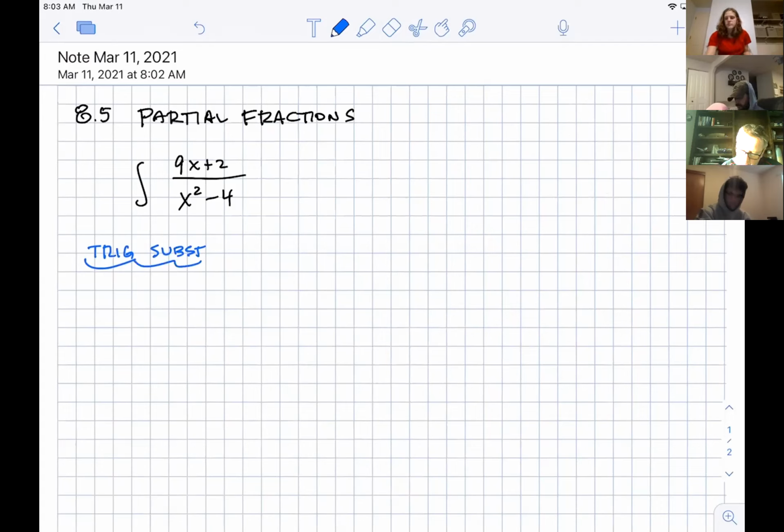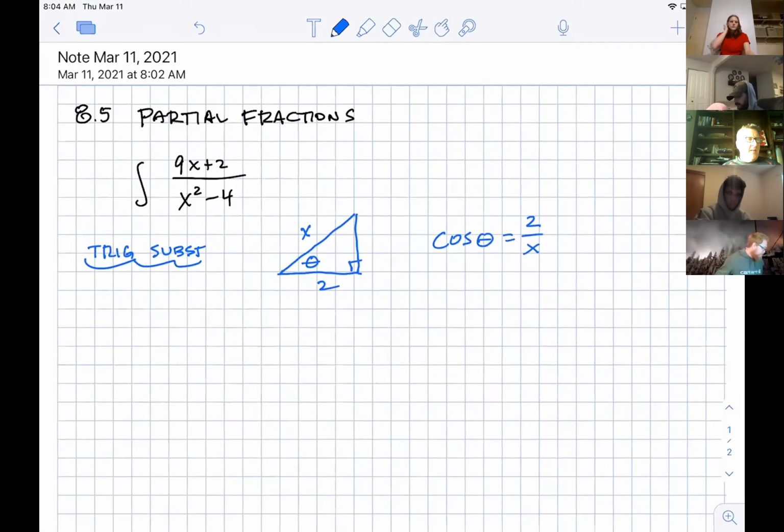And so you think to yourself that would happen if x was the hypotenuse and 2 was one of the sides. Doesn't matter which one. Then I could choose whatever angle I wanted, so I kind of have 2 choices. I could say the cosine of theta equals 2 over x, which would mean, to solve for x, multiplying x up to the cosine and then dividing the cosine away.